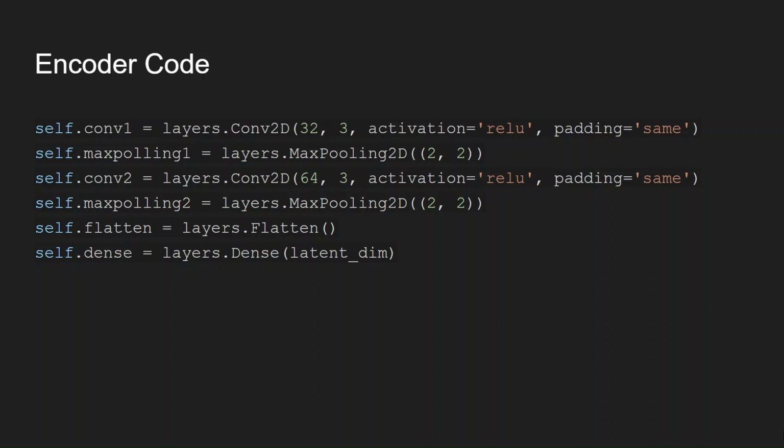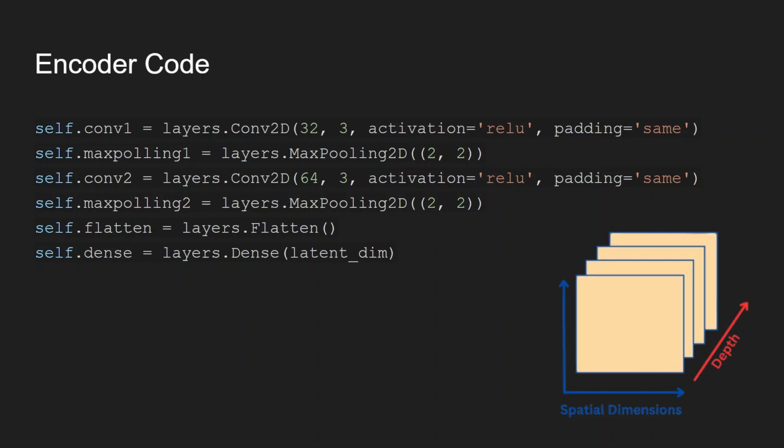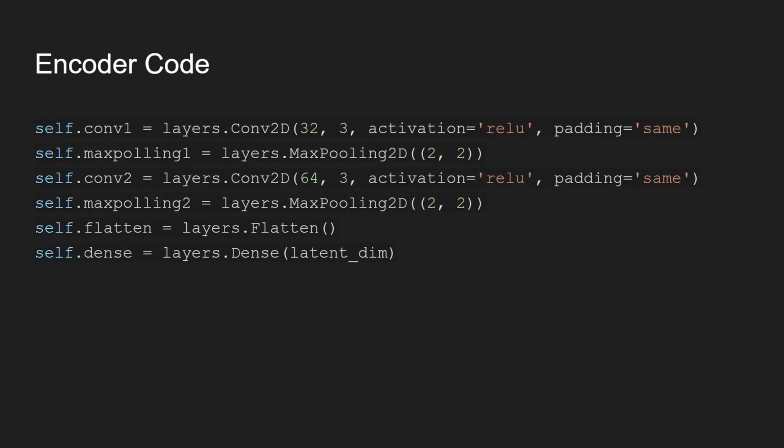The first convolutional layer will have 32 filters with kernel size 3, and the stride will be 1. This means the spatial input to this convolutional layer will stay the same. We are going to change only the depth. In that case, the output depth will be 32 because the filters are 32.